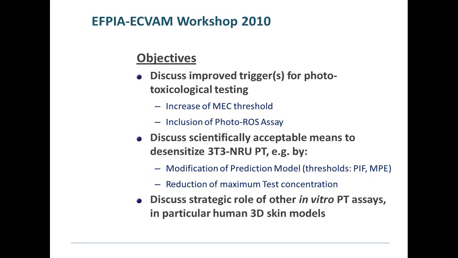The objectives of the ECVAM workshop were to discuss improved triggers for phototoxicological testing. One was to increase the MEC threshold. The second was inclusion of a second trigger, the generation of reactive oxygen species, ROS, a new assay developed by Japan. The Japanese colleagues had already done several small-scale interlaboratory trials and in 2010 were planning a formal validation study, which is now finished and currently peer-reviewed.